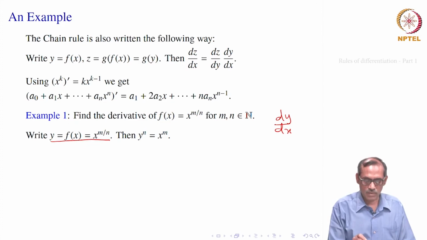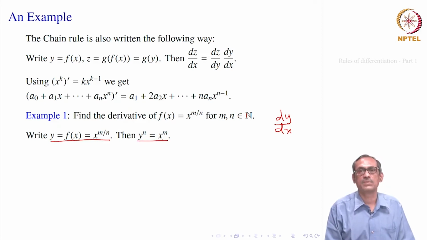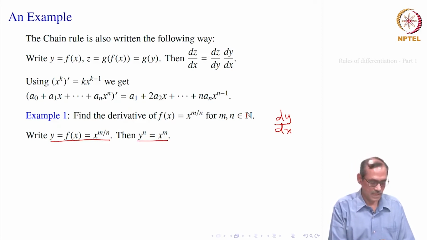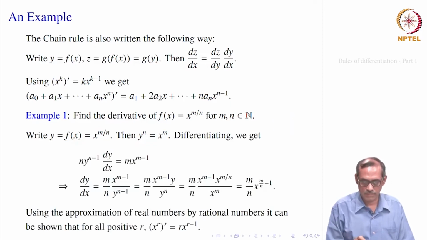Okay. So, once y equal to x to the power m by n, we can raise both the sides to power n, it gives y to the power n equal to x to the power m. Now, what do we do? We differentiate both the sides, so that derivatives should be same. Now, once you differentiate, on the left side you have y to the power n.